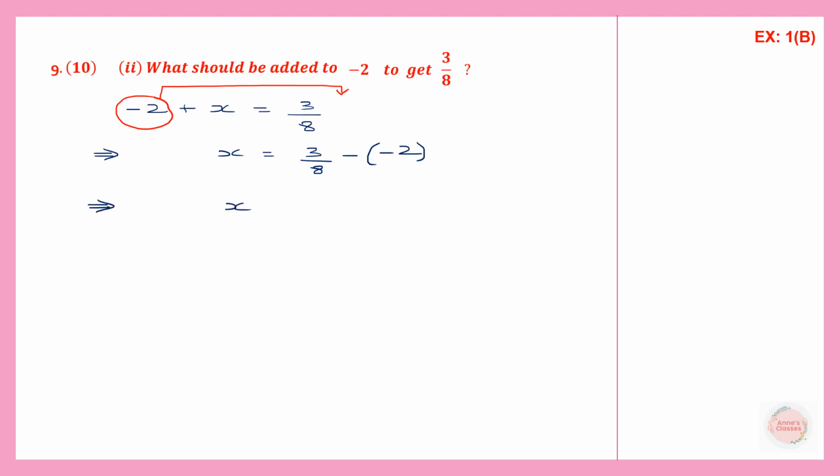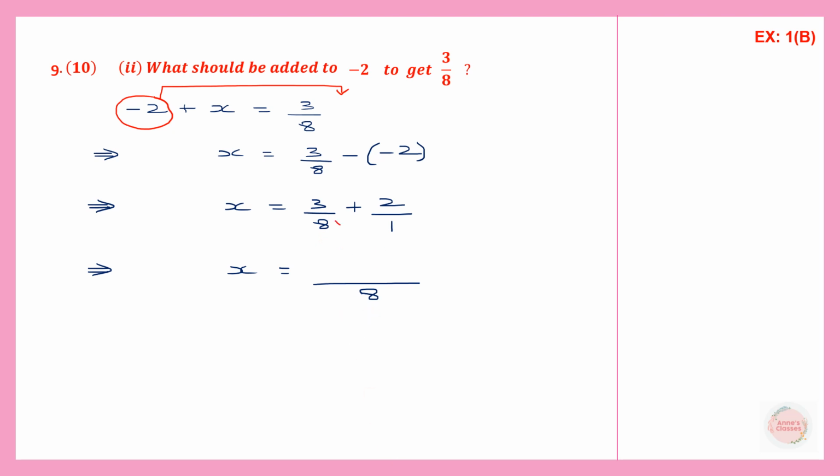Now x is equal to 3 by 8. Let's remove the brackets. Minus into minus is plus. So that becomes plus 2. Let's give it the denominator 1. So now x is equal to 3 by 8 plus 2 by 1. The LCM will be 8. Remember children, whenever you have 8 and 1, the LCM will be 8, or any denominator and 1, that denominator will be your LCM.